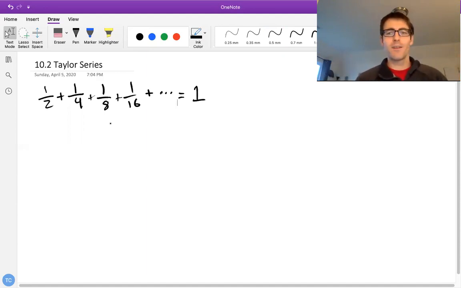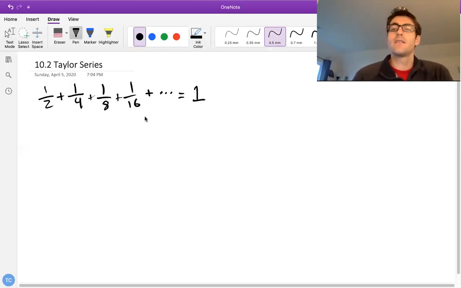If you go on to take more math classes, you'll see that dealing with infinity can be really, really tricky, and you can get all kinds of weird stuff happening if you aren't careful with what you say things like equality means. That said, this is a situation where it's okay to say that this thing equals the thing that it converges to. It gets a little bit cumbersome to always say, oh, this series converges to one, and just say, oh no, it equals one.